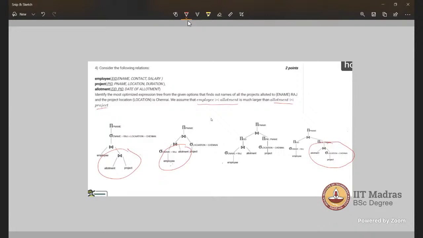But in these two options, the first way performs the allotment natural join project, so that's why we eliminate these options.